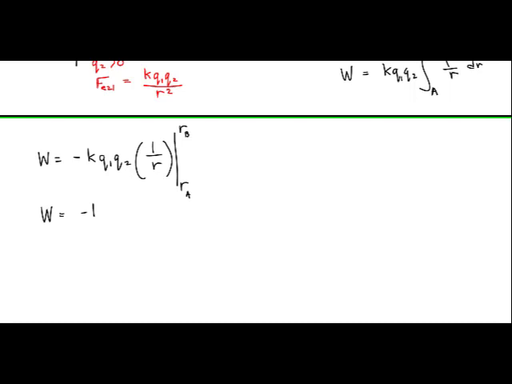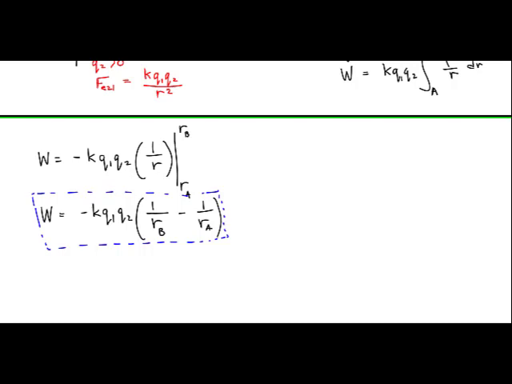The result ends up being minus k q1 q2 times 1 over the final position along the r-axis minus 1 over the initial position along the r-axis. So here is the expression of the work done by the Coulomb force in separating two charges that are initially at a certain distance r of A, ending up at a final distance r of B on a line connecting the two charges.